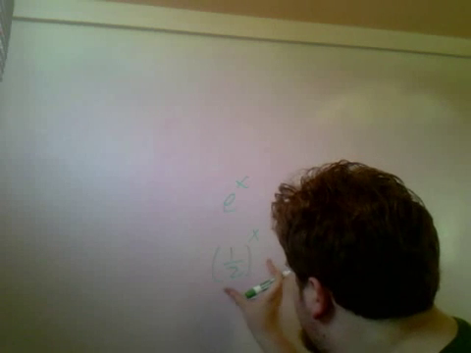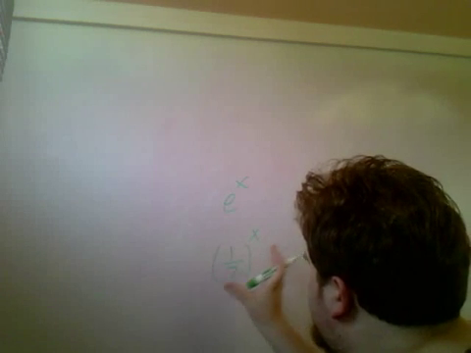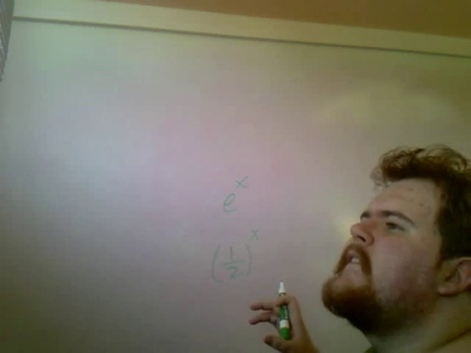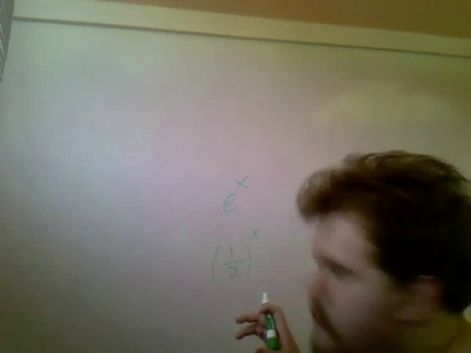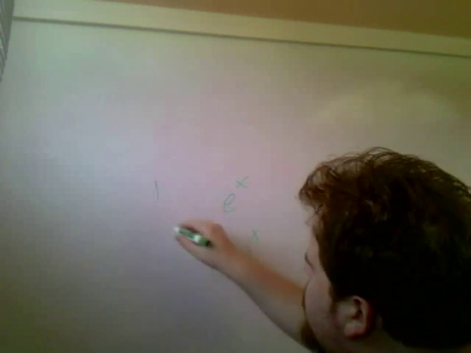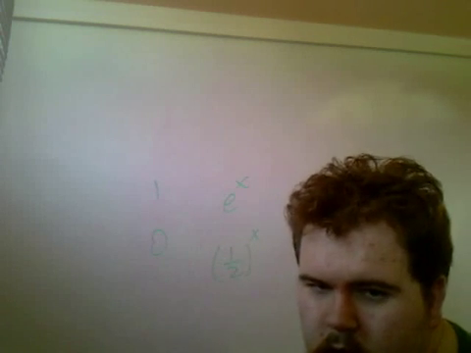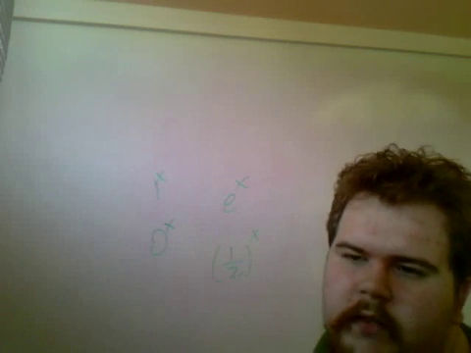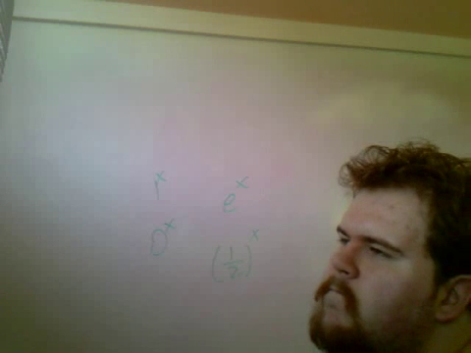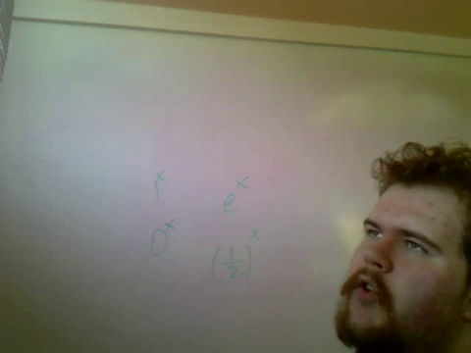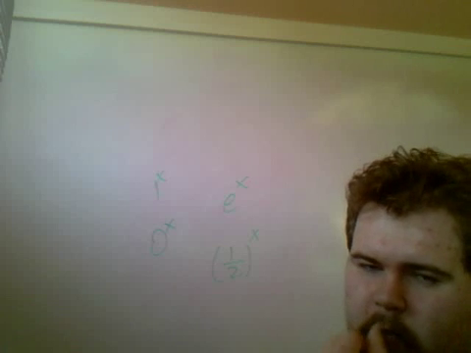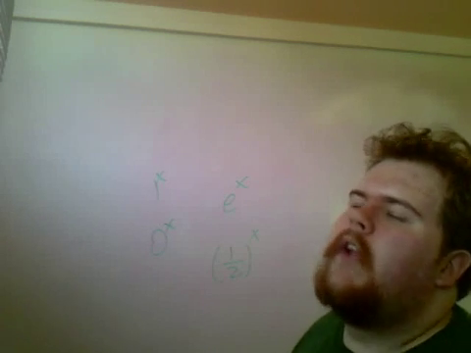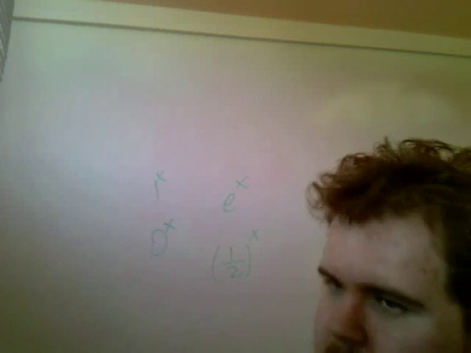So these are the two types of behaviors. There is a third class, and there are two numbers that fit this, 1 and 0. 0 to the x and 1 to the x never change. It doesn't matter what you plug in. You can multiply 0 by itself 500,000 times and you're still going to get 0. You can multiply 1 times itself any number of times and you're still going to get 1.